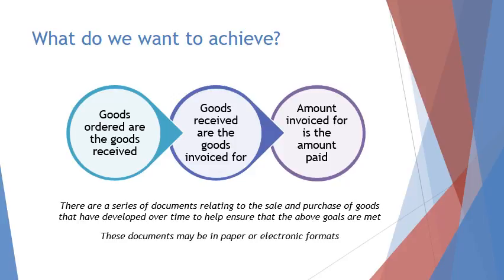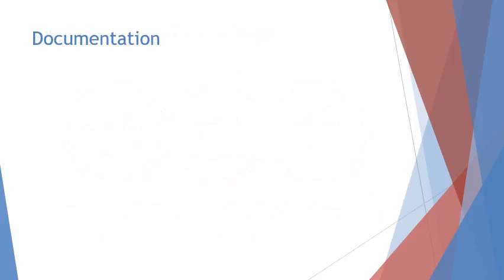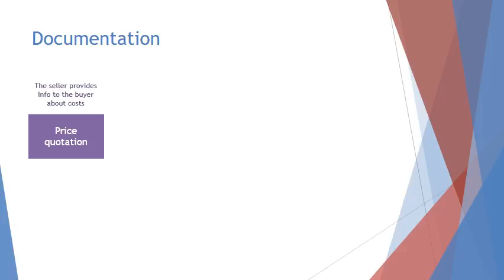Nowadays, of course, many of these documents, if not all of them, will be in electronic format, but there are plenty of businesses that still use paper versions. So what sort of documentation are we talking about? Well, we'll go through quite a number of these. We'll start with quotations, and this is where the seller provides data about the costs associated with whatever the buyer is thinking about purchasing.